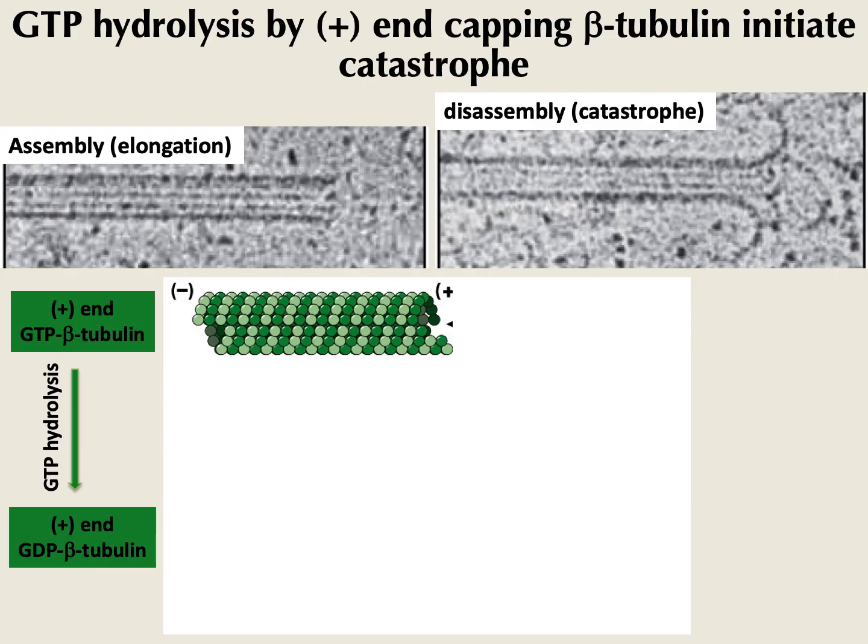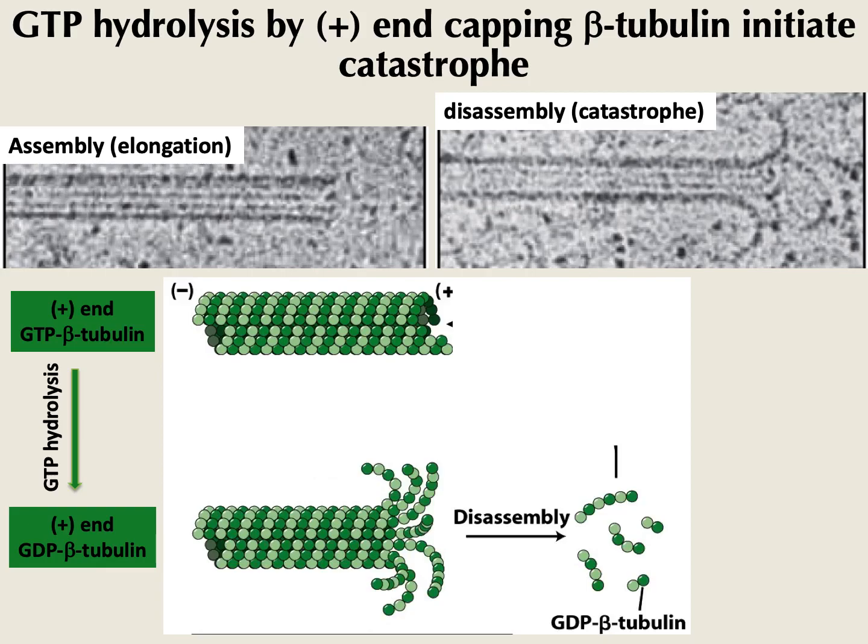And now you can start having that one protofilament peeling off. And when one protofilament starts peeling off, it triggers a chain reaction almost. That's the catastrophe. The other filaments start peeling off and bending in this way. Okay? And this is why you have a quick depolymerization of the negative ends.